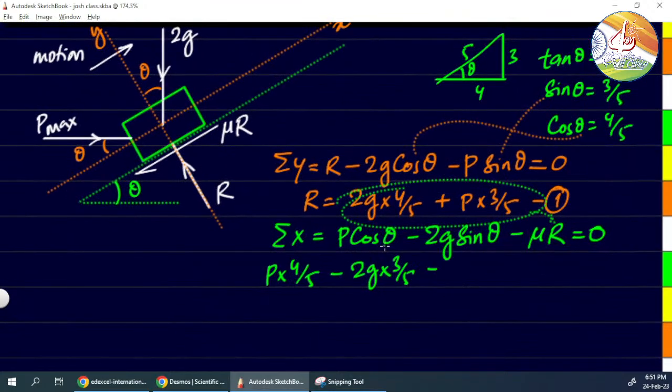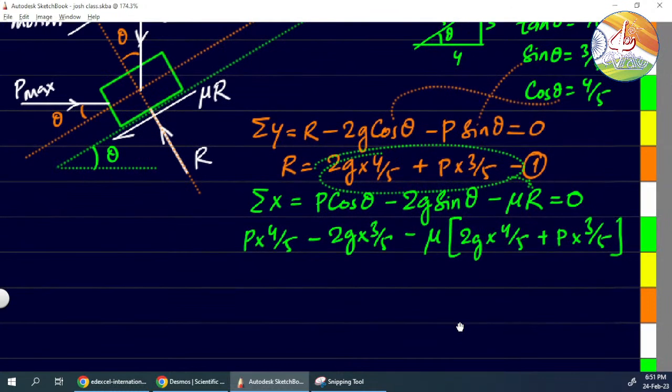Substitute R here: 2g into 4/5 plus P times 3/5. Correct? This total should also be 0.